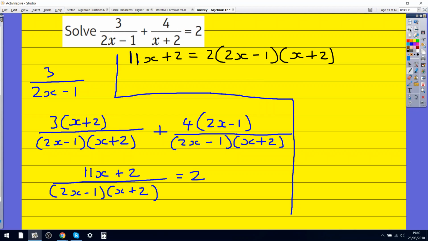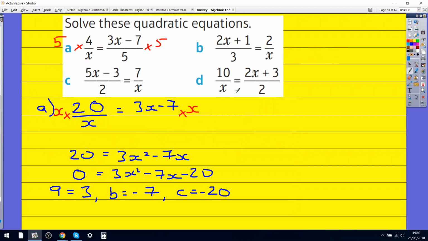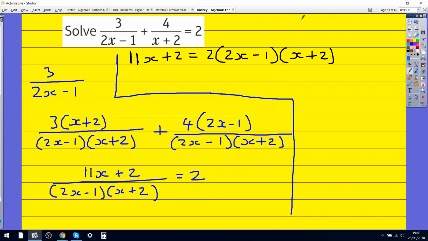So, like the previous one, it turned out to be a quadratic. If we expanded these double brackets, would we get a quadratic? Yes. And so you would have to then solve this like the last one, where we fully expanded everything, fully simplified everything, and then made it 0 equals, and got A, B, and C.